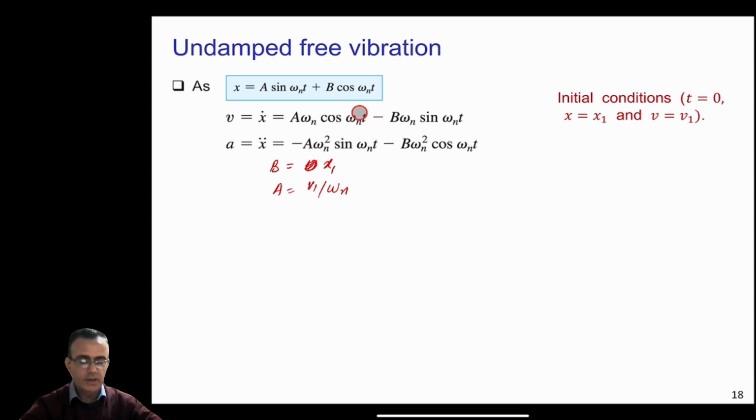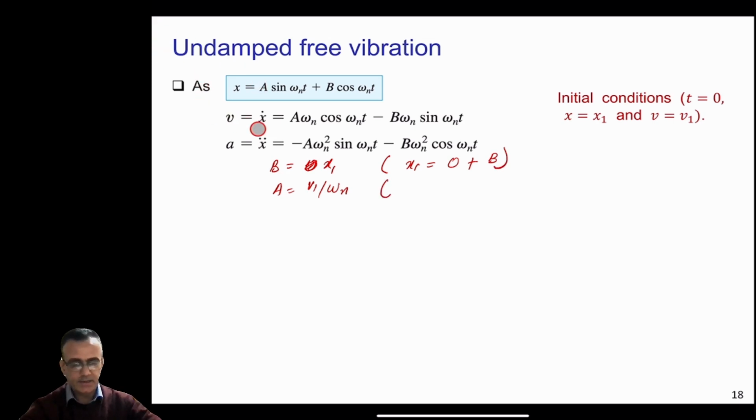If you just put time equal to 0, for the first case, x1 becomes equal to a times 0 plus b.